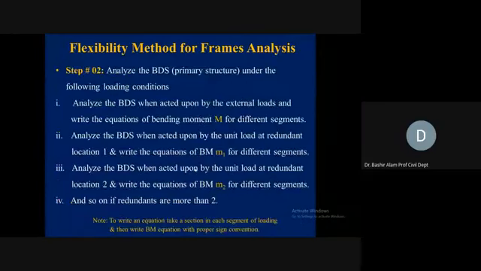Step number 2, now analyze the basic determinate or primary structure under the following loadings. First, we analyze the basic determinate structure when acted upon by the external loads and write the equations of bending moment capital M for different segments. Remember, we don't have anything new here.